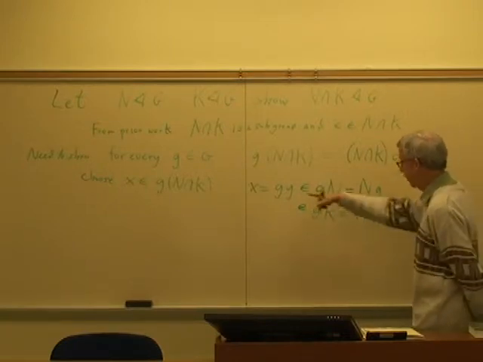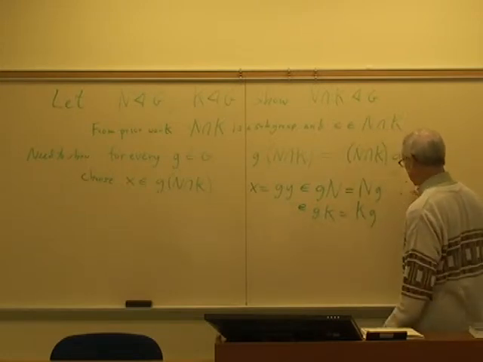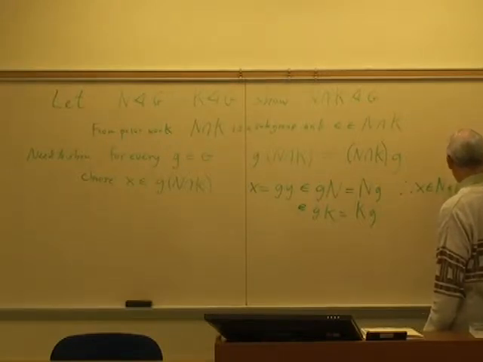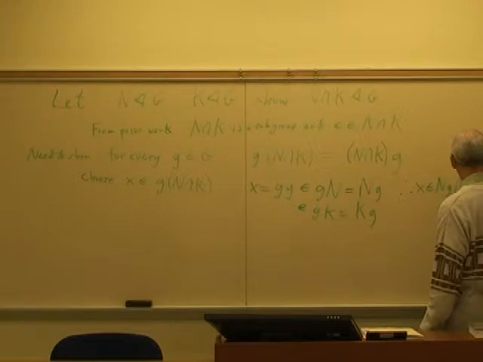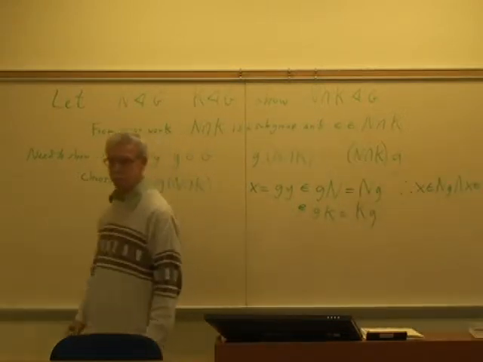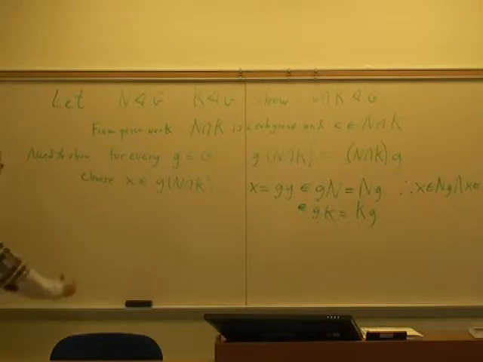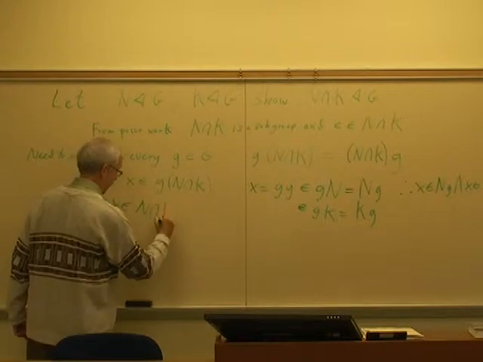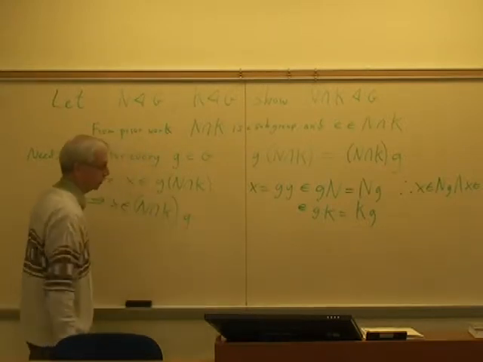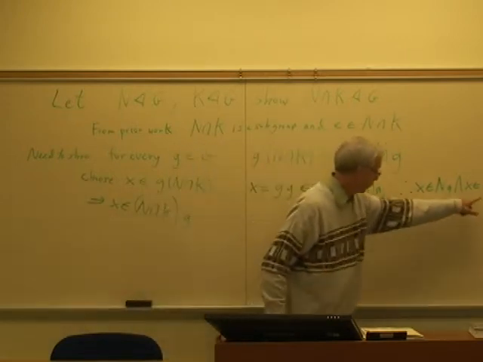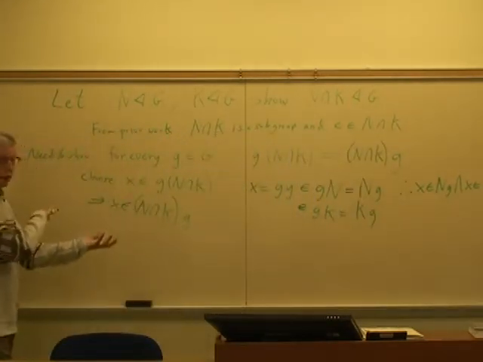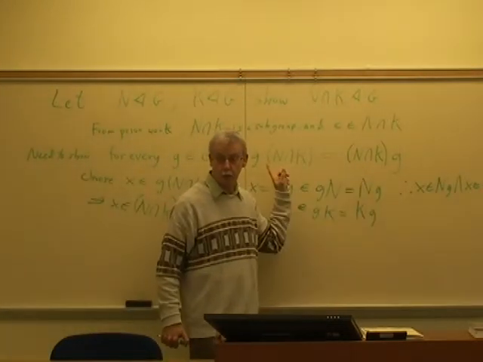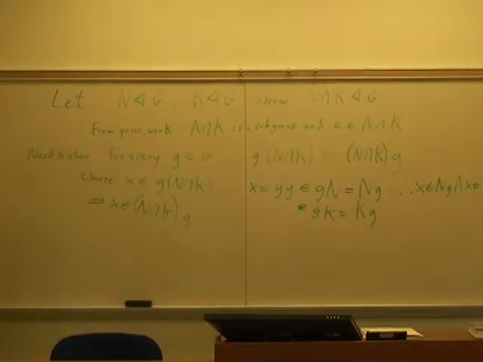So because x lives in Ng and x lives in Kg, where does x live? This implies x is an element of (N ∩ K)g, right? Because that's what that is. And a similar argument will take you the other way. That is, if I start here, I can reverse the argument and go the other way.